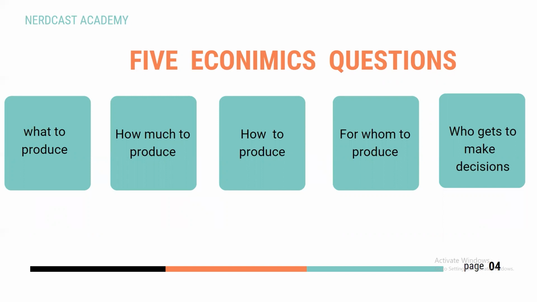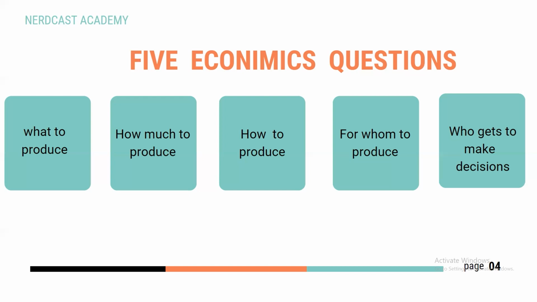The third question is how will the goods and services be produced? Here we talk about productive efficiency. The market system encourages and rewards those producers who achieve least cost production. The most productively efficient technique will be the one that produces a given amount of output with the smallest input of limited resources.